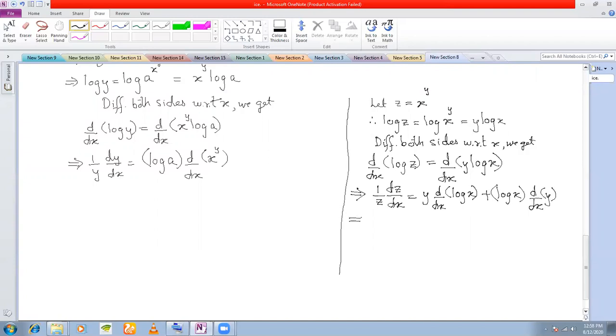Okay. So here I'm differentiating log z with respect to x. That's why I differentiated log z with respect to z and multiplied it by dz/dx. This is 1 by z, and dz/dx is equal to, what do I get? y by x plus log x dy/dx.